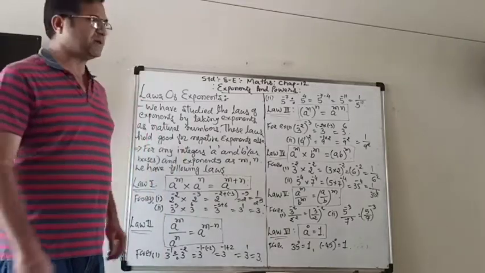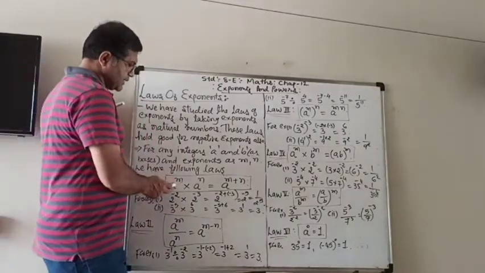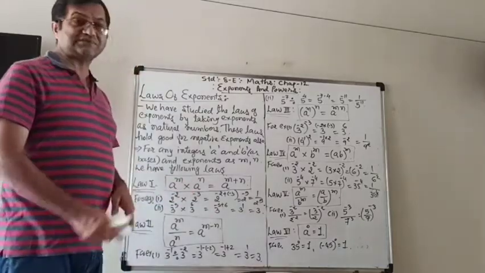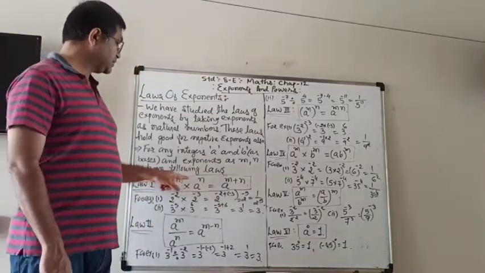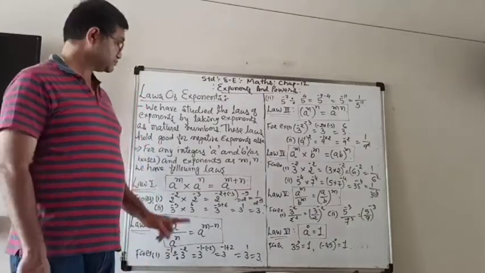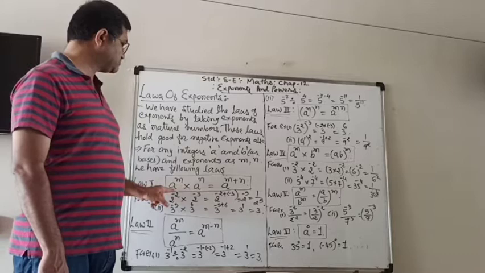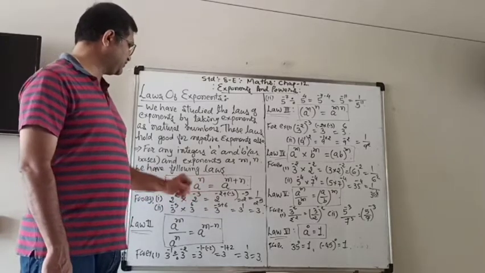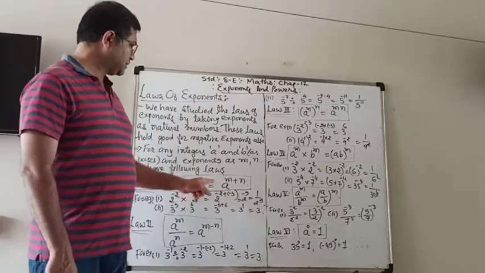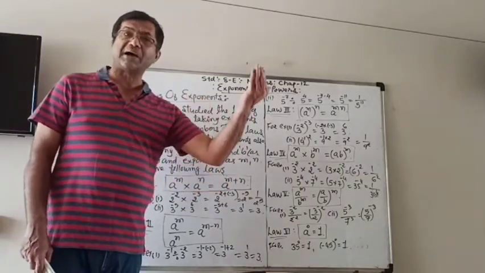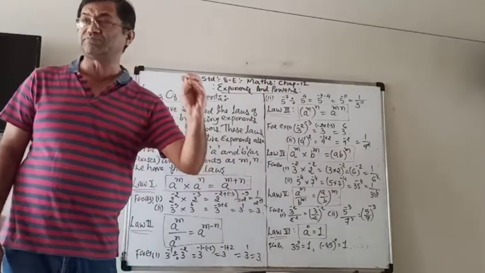It says that when bases are equal, then the exponents will be added. So here a is the base on both sides. Powers are different, exponents are different, m and n. Then we have to keep the same base, and the powers or the exponents must be added.